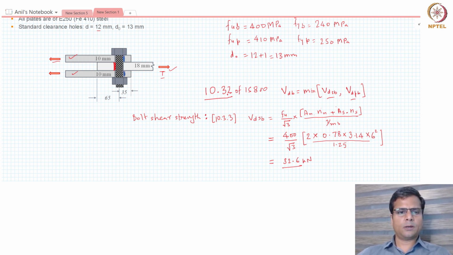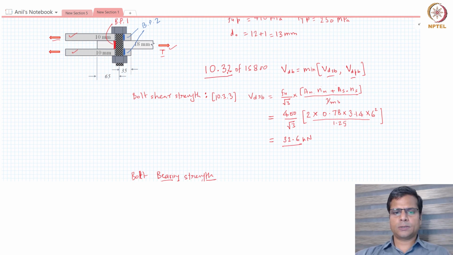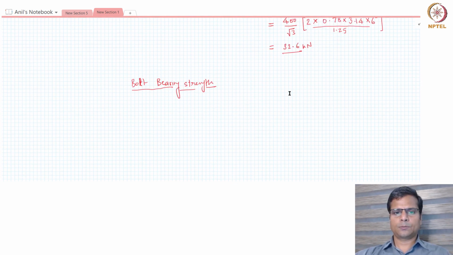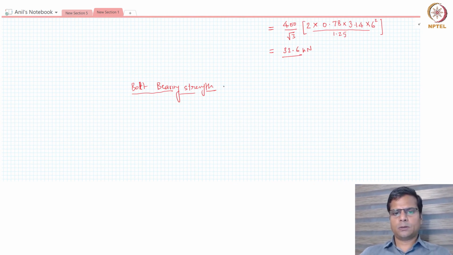The bearing plane that is marked in red is called bearing plane 1, and the ones that are marked in blue are called bearing planes 2. So we need to check the design strength of both of these. I'll first work with bearing plane 1.